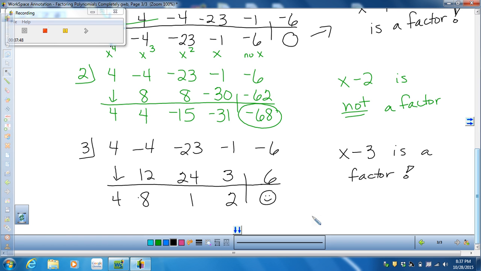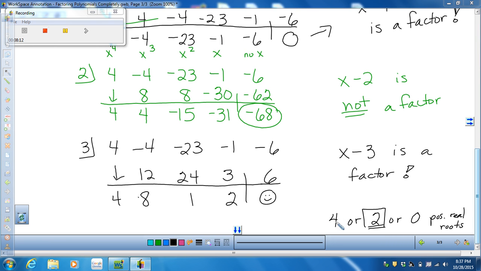And remember from our list above, we either had 4, or we had 2, or we had 0 positive real roots. So I know that I've already gotten this number. So I've either got 4 or just 2.